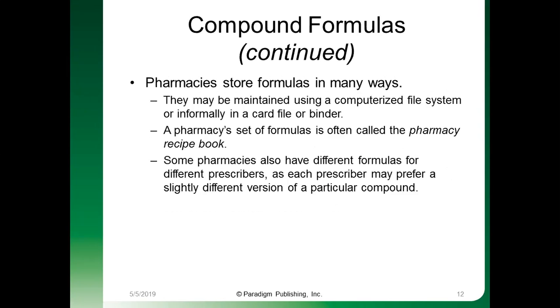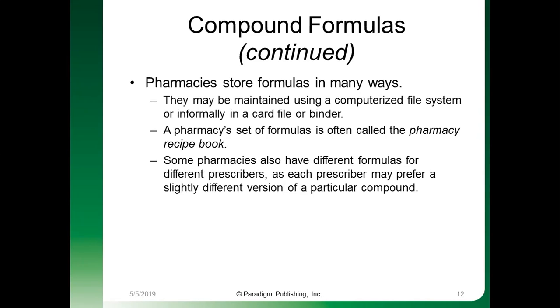So pharmacies store formulas in many ways. They may be maintained using a computerized file system or informally in a card file or a binder. So again, we have to have these formulas, or what we call recipes, ready in the pharmacy for these types of outbreaks and stuff like that.